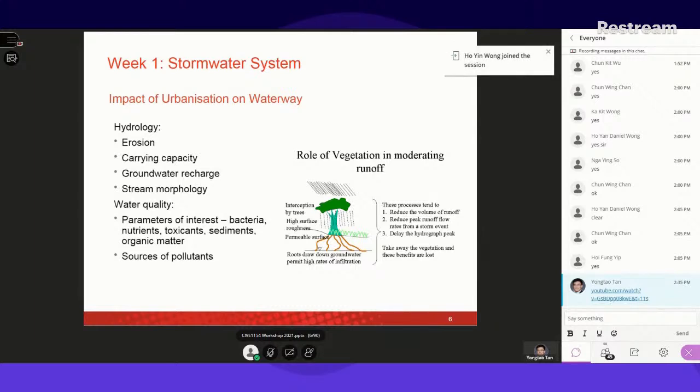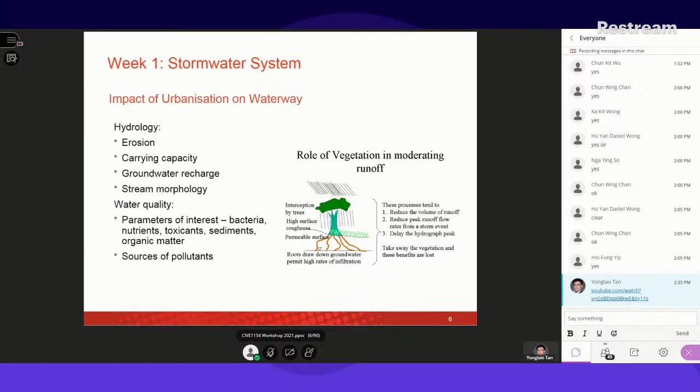Actually, the vegetation and soil function as natural filters for these pollutants. But if we remove the vegetation and change the pervious surface to impervious, all these pollutants will be in the runoff.